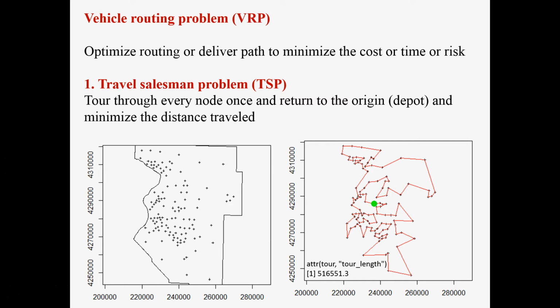It is under a general umbrella of spatial optimization. Now here on the screen we see the traveling salesman problem. We have all these consumer locations and we have one depot.